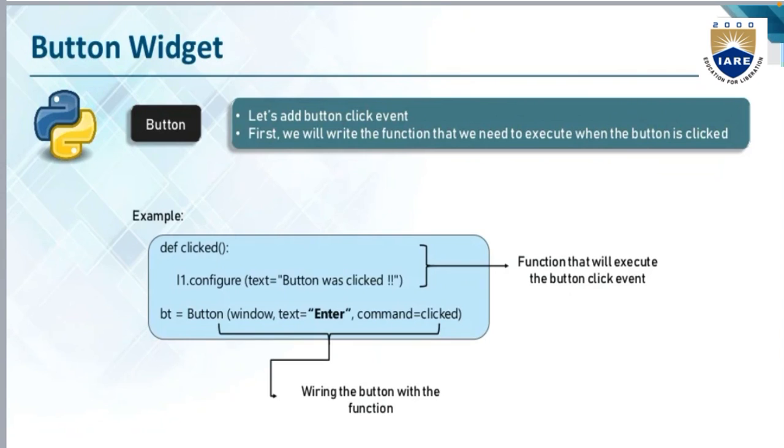And now I am creating a button, that is btn equals to Button of window, comma, text equals to Enter, comma, command equals to clicked, and that's the clicked we defined earlier. So when we click that, the following function will run.